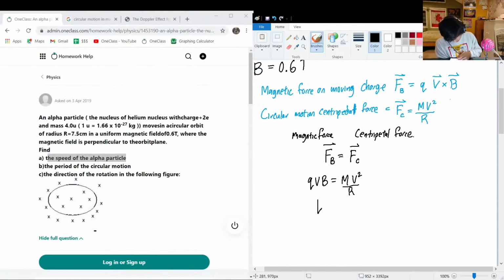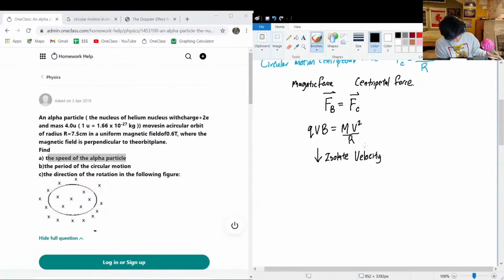Okay, now we're trying to isolate velocity. Let's isolate the velocity by doing: we're going to have 1 equals m v squared over r q v b.